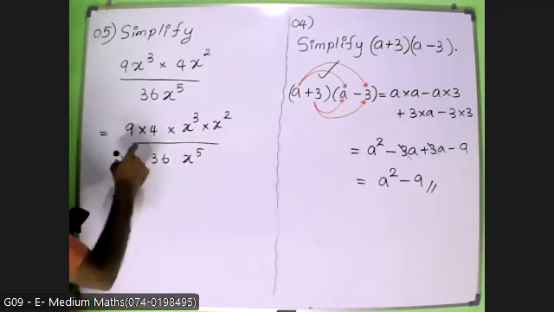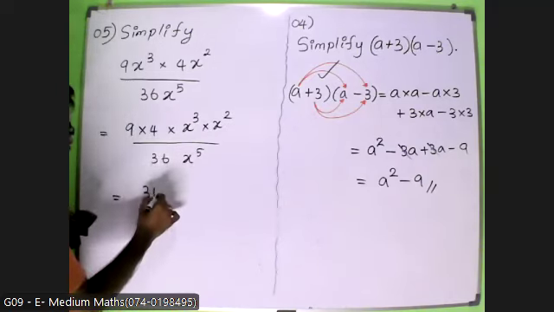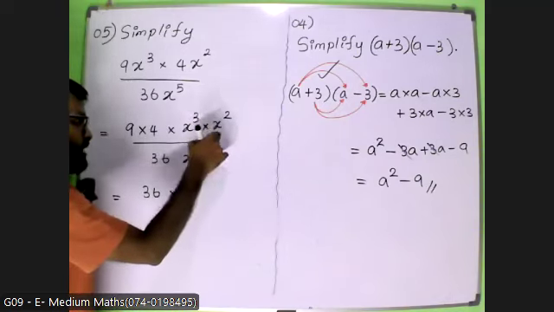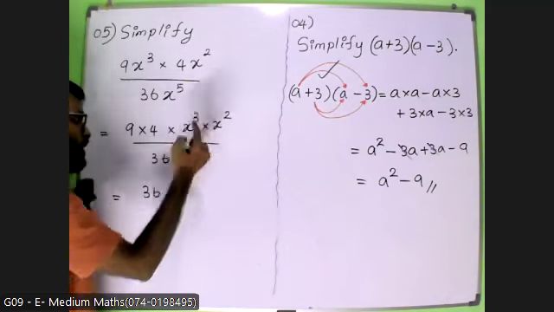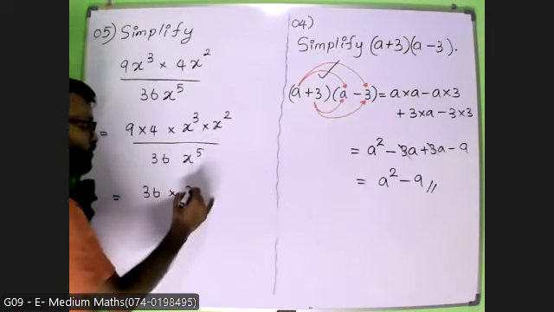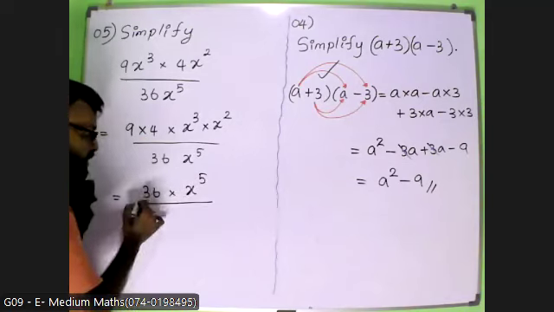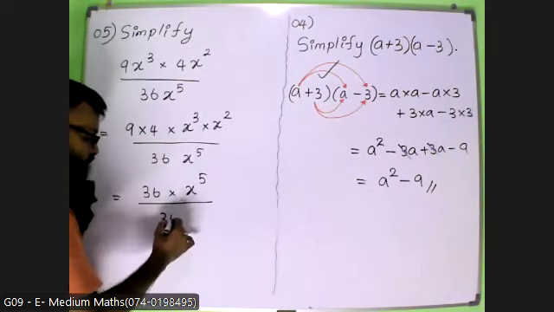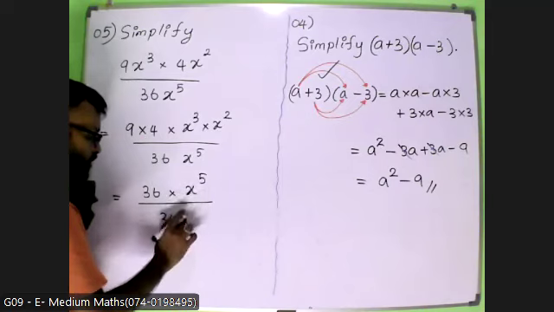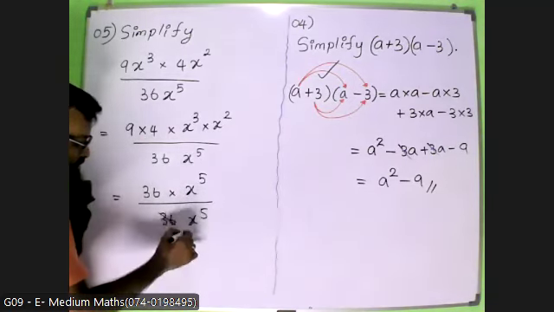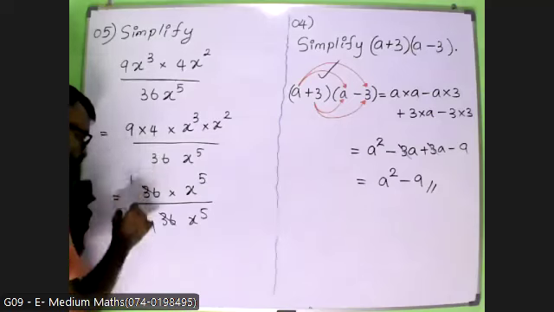Equal mark, 9 times 4, 36, times x, same base, you can add the powers. 3 plus 2, 5. Divide by 36 x to the power 5. 36 times 1.